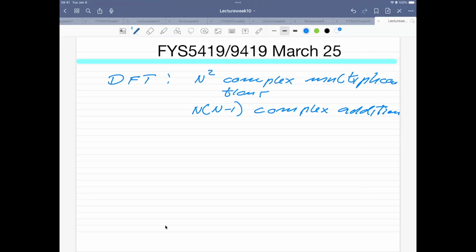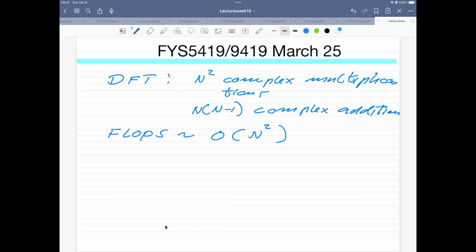But if we sum this together, you see now that the algorithm has typically a number of floating point operations which is proportional to n squared. Okay? This is roughly the number of floating point operations, and then obviously this is multiplied with a constant.